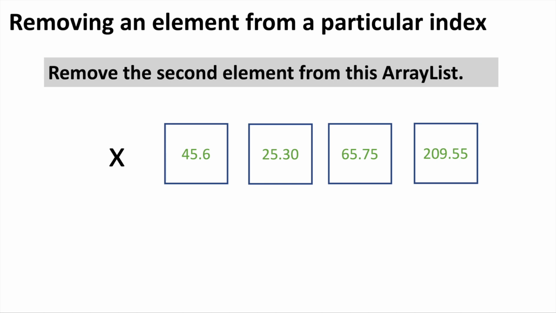Now, how can we remove an element from a particular index? I want to remove the second element from this array. Again, as we said, x.remove, and we need to specify the index. So removing it from the second location, which had the index of 1.